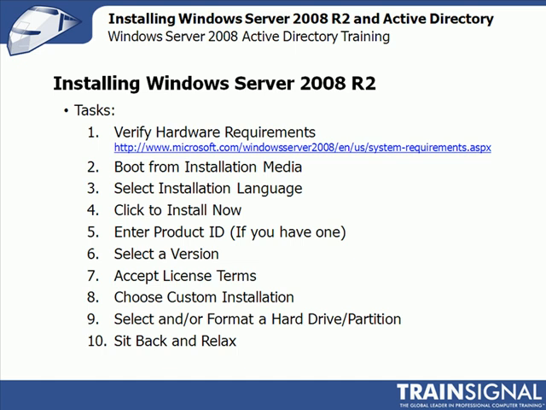You don't need to worry about memorizing these steps, and as you possibly already know if you've ever installed Windows Server 2008 before, it's a fairly simple process. But I wanted to have these steps listed for you, and included with this course we give you a PDF document of all of these screenshots. So feel free to print them out and have this in front of you if you want a step-by-step guide as you're following along.